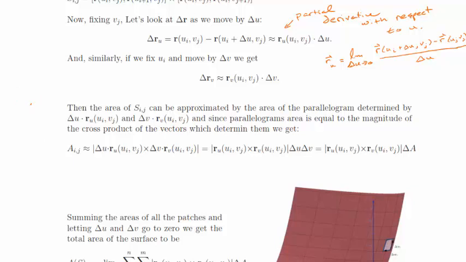So let me add a little bit of a step in here. So we have a parallelogram. If we move by delta u just a little bit, then our actual surface is going to move by delta r sub u and delta r sub v, right? We're going to move a little bit in the u direction and a little bit in the v direction.